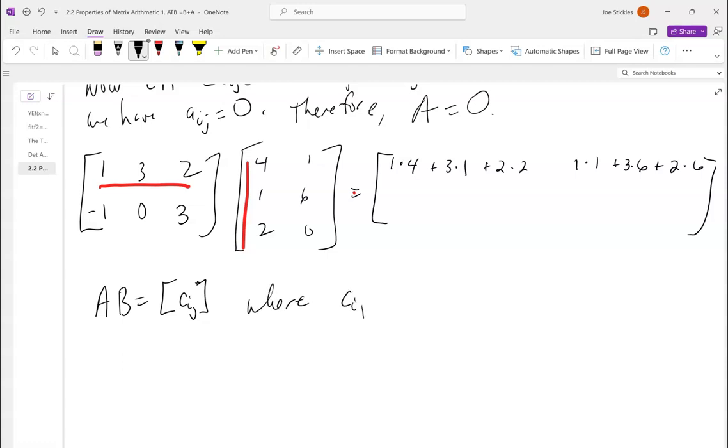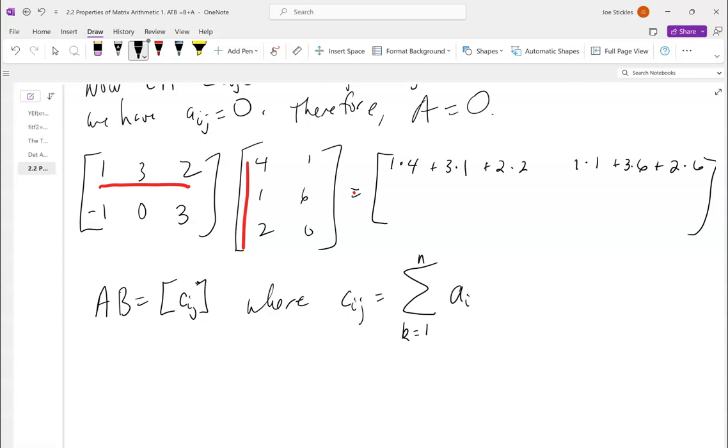Well, remember that overall, we're doing a sum, right? We're adding things up, so I'll use summation notation. What changes as you go, I'll call it k. What changes as you go are the columns of the first and the rows of the second.